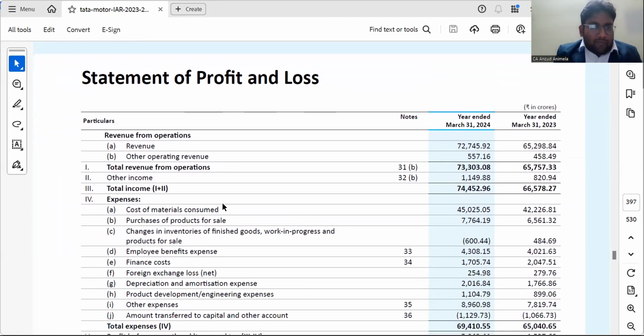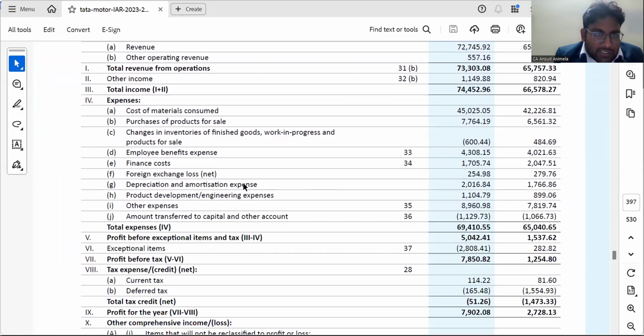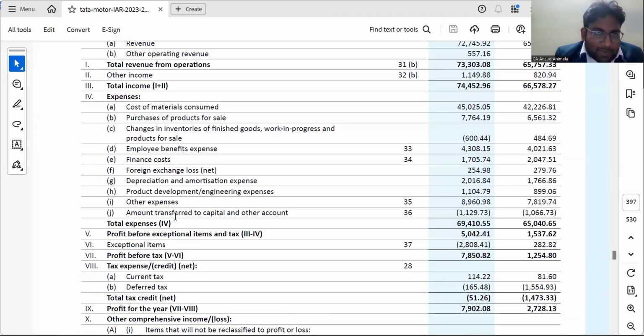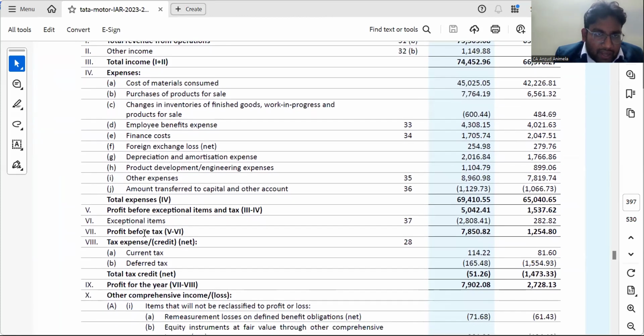As you can observe, we have total revenue from operations and also total expenses recognized in the profit and loss account. Then you can also observe profit before taxes, and under that we have tax expense, which is divided into two: current tax and deferred tax. This deferred tax is what we discuss today.